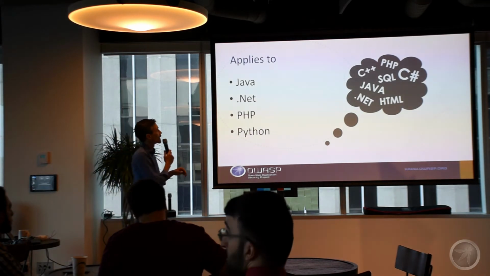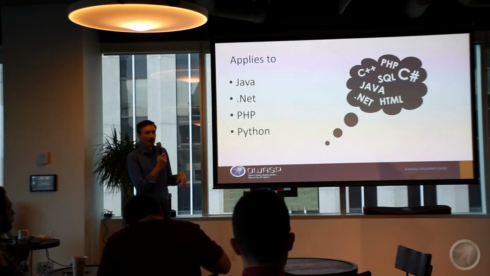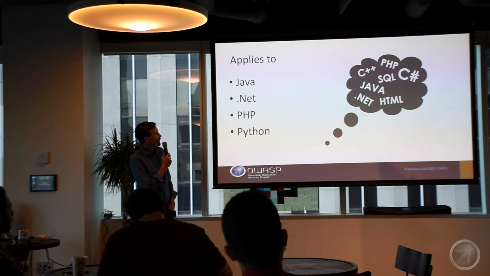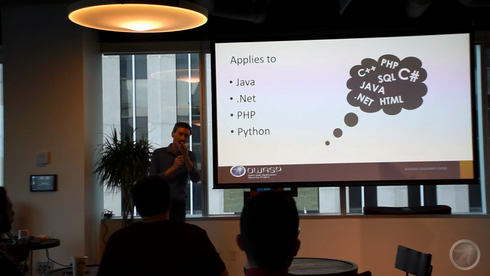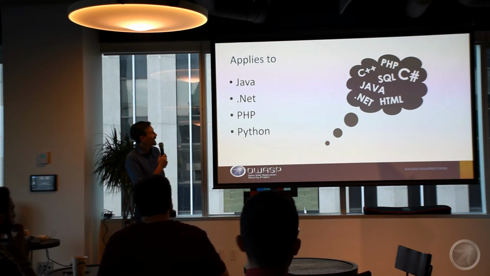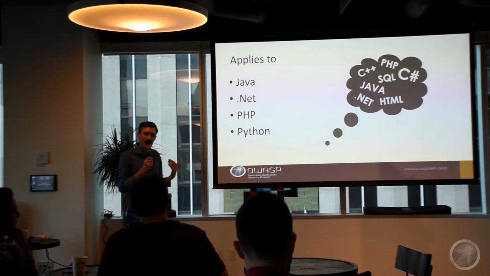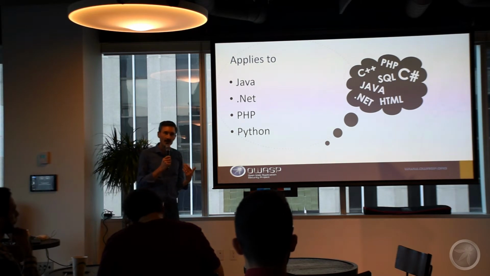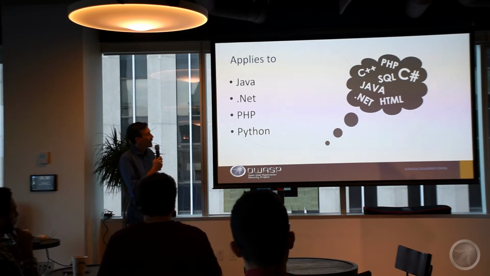Serialization means different things to different people. Typically, it applies to Java, .NET, PHP, Python, and I've heard Ruby, maybe. But not only does it exist in different languages and different frameworks, we also talk about JSON deserialization, XML deserialization, or YAML deserialization.